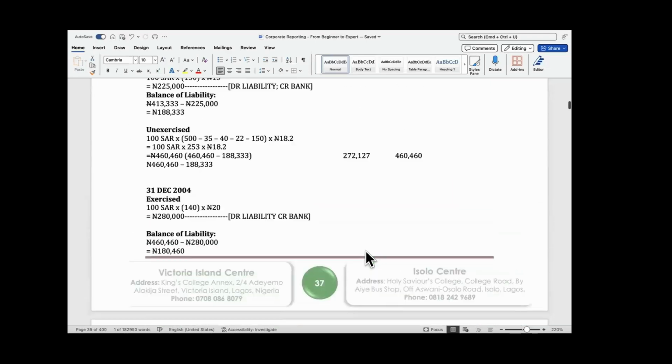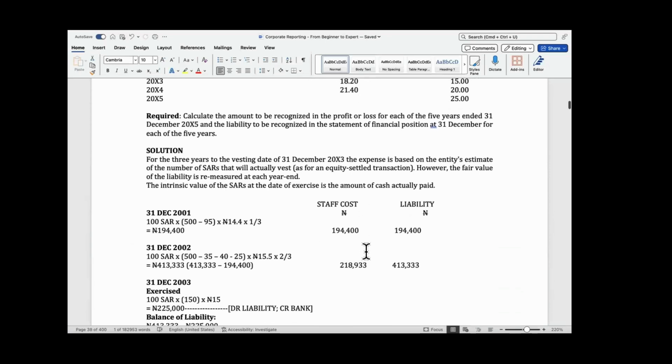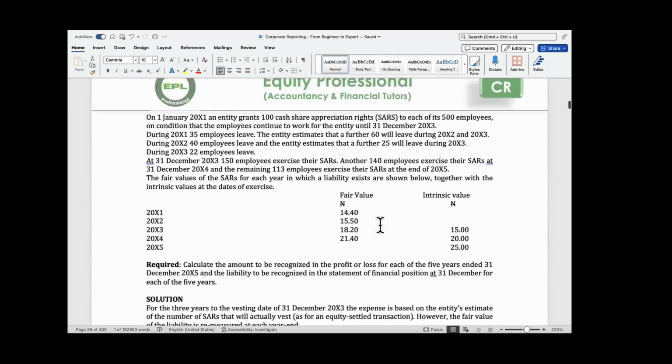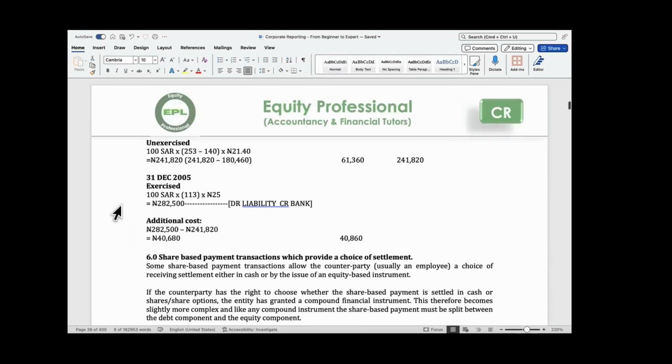Now, in 2025, the remaining 113 employees exercised their rights. So from our calculation, it was 113 that was actually remaining. So at the end of 2025, the remaining 113, which is the same thing as 253 minus 140, was what was unexercised.